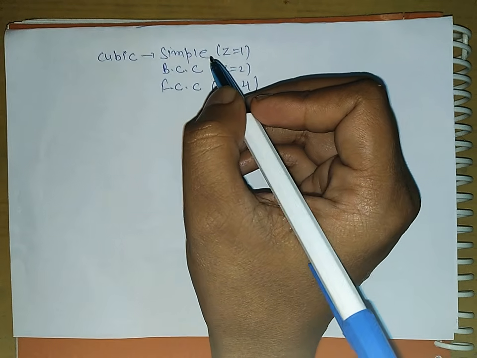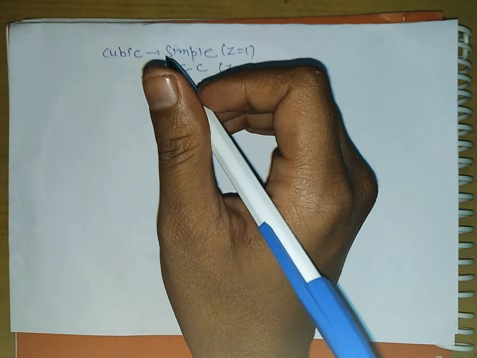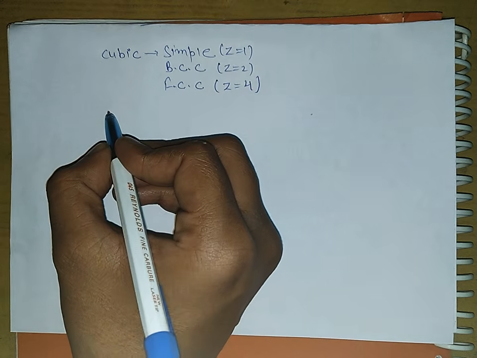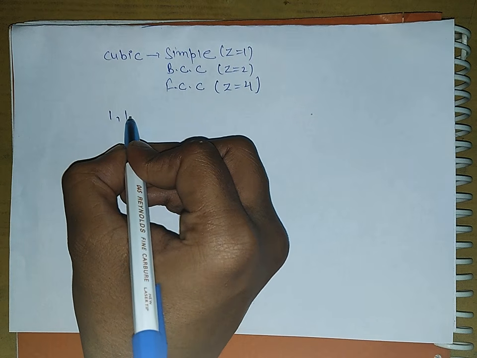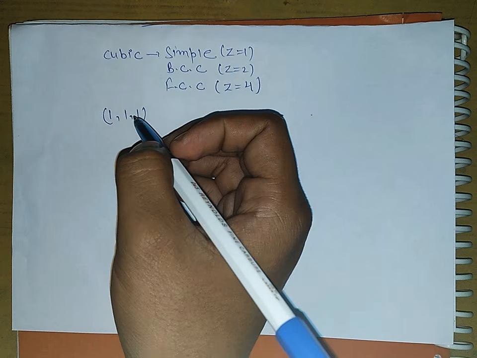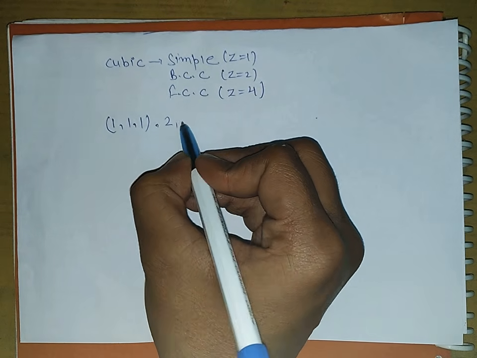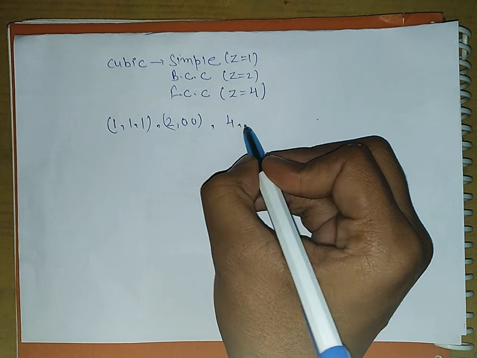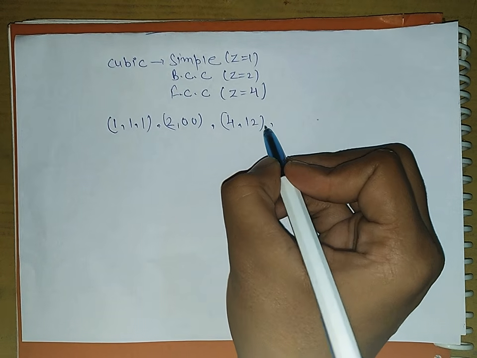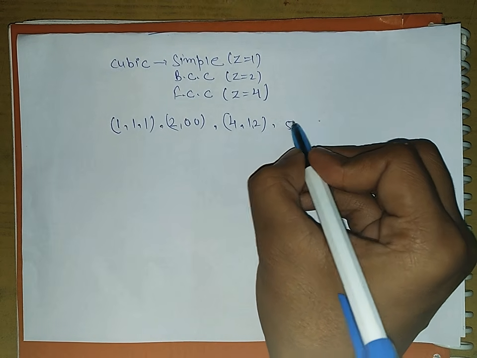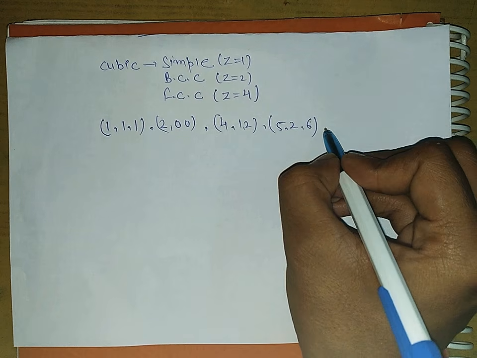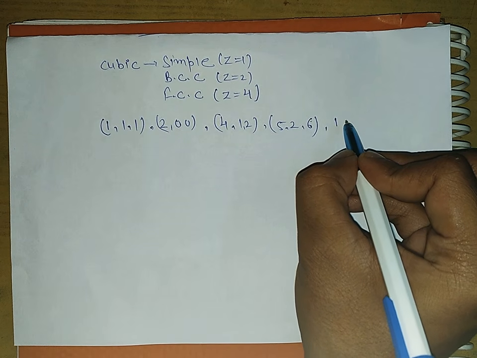Now many a times the CSIR asks whether, let's say, this 111, or say 200, let's say 412, and let's say 5 2 6, and let's say 1 1 3.